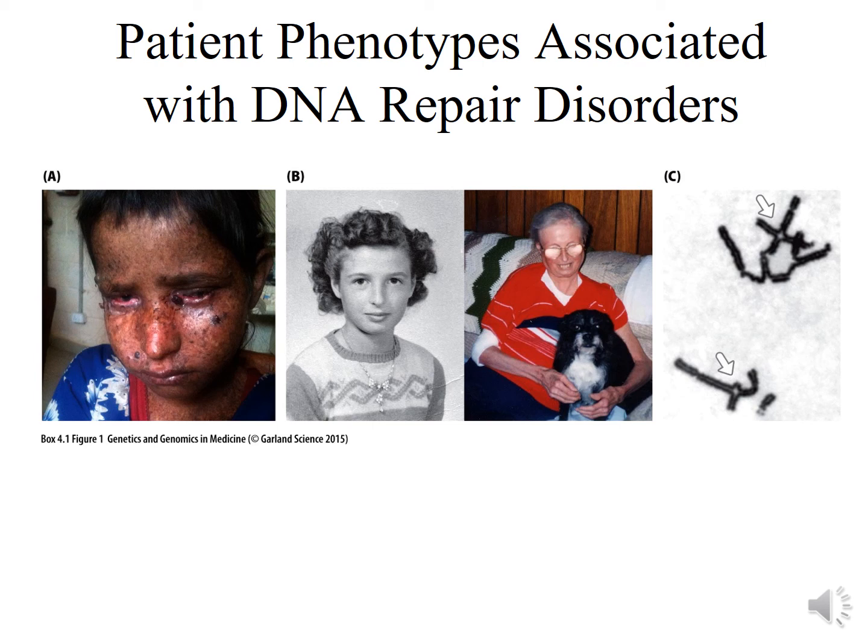Disorders that have clinical features that mimic accelerated aging have those who present prematurely with gray hair, cataracts, osteoporosis, type 2 diabetes, and atherosclerosis.